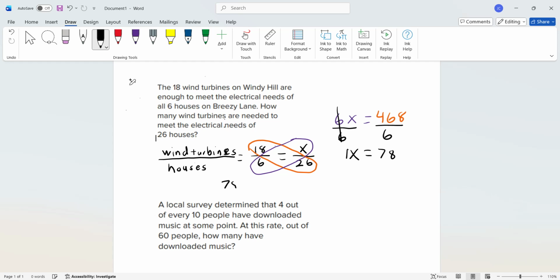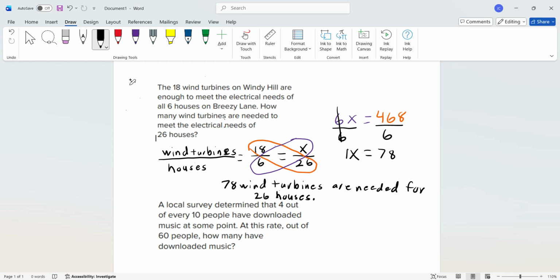So we could say 78 wind turbines are needed for 26 houses. And I'm writing this in word form because when you start getting to your testing, you're going to start seeing that they want you to write your answer as a sentence.